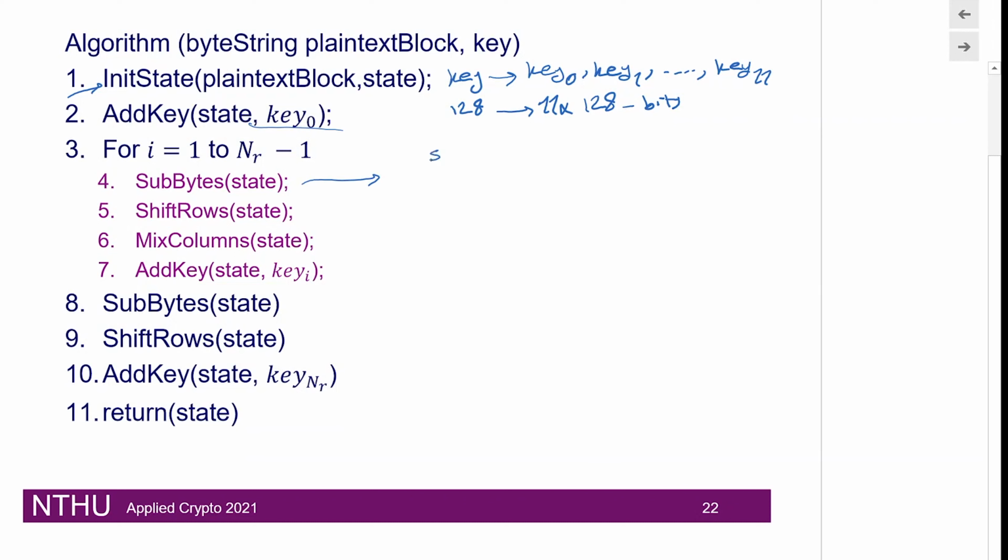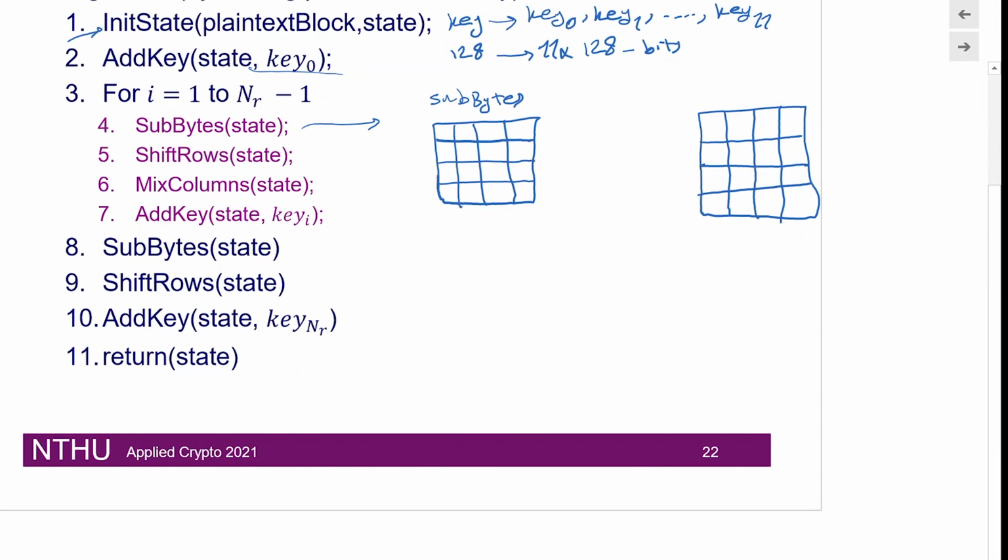So in the sub bytes, I take this matrix. Suppose this is my state matrix, whatever it is, right? I take any element from this table, I apply a sort of substitution table, and I replace the value with whatever value I have in the substitution box. So that is the idea in a very abstract and high level.